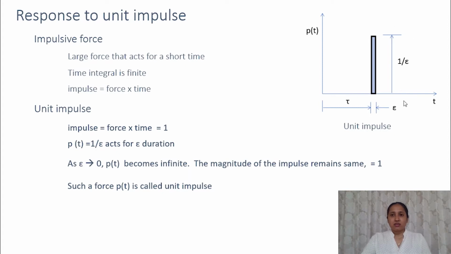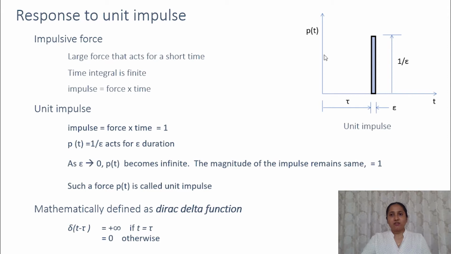But even then, the magnitude of the impulse will be the same, 1, because it is force times the duration. When the duration is small, force will peak, but the product will still be equal to 1. So this is still a unit impulse force. Such a force is known as a unit impulse.